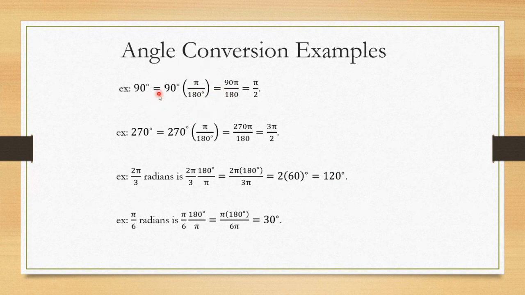And so from here, the degrees cancel, and we get 90 times pi over 180, which is pi over 2. So that's 90 degrees, and in radians it is pi over 2.